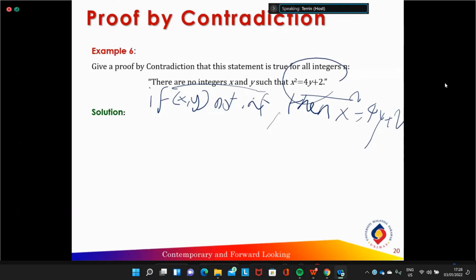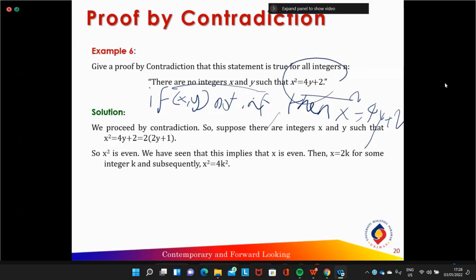So we have to say that there are integers x and y such that x squared equals 4y plus 2, and then we show that it doesn't happen. So we proceed with the following contradiction. Suppose there are such integers. How would they exist? They have to exist as an x and a y. Here they simplified it for a reason.